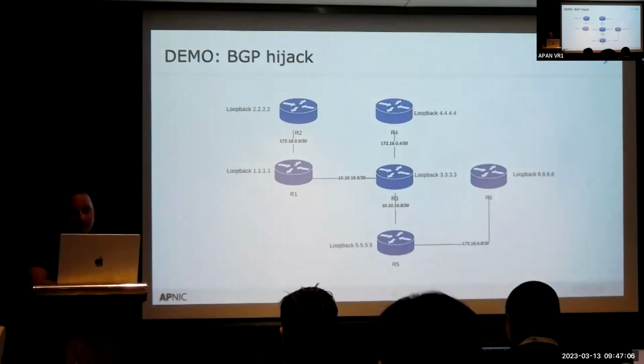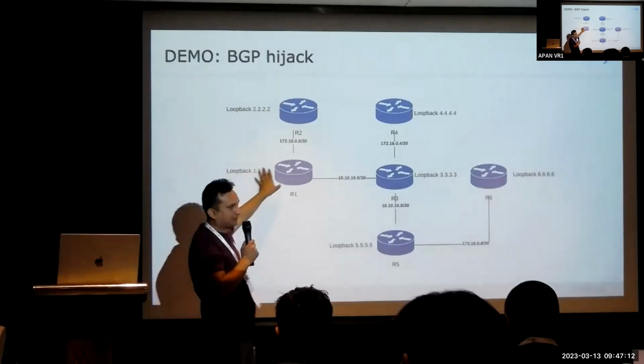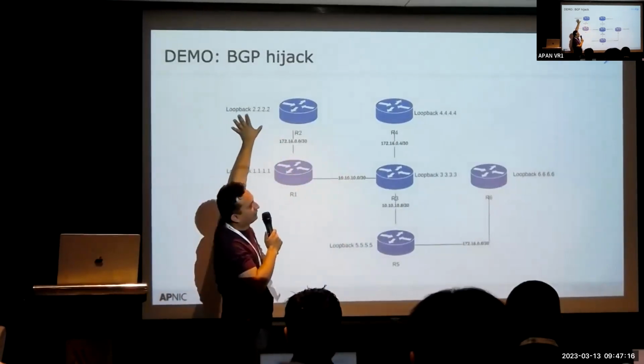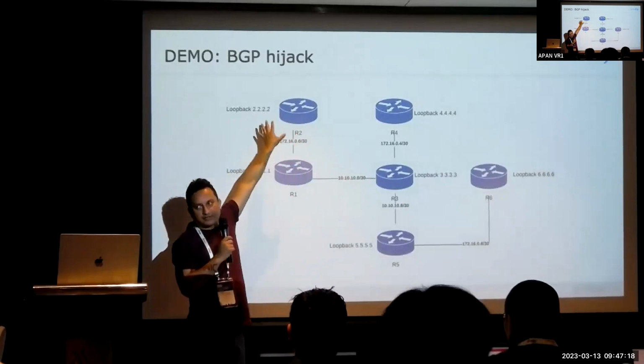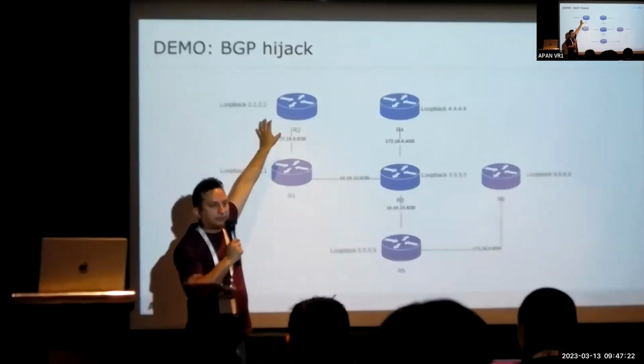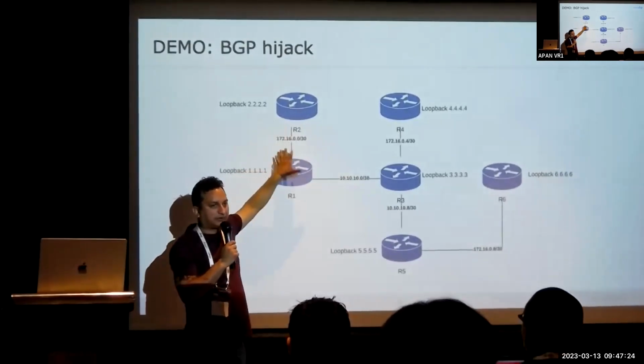And so basically, router 1 is trying to advertise its loopback address to all the networks on the internet. So every router on this diagram is basically trying to advertise one route to its neighbor, right?